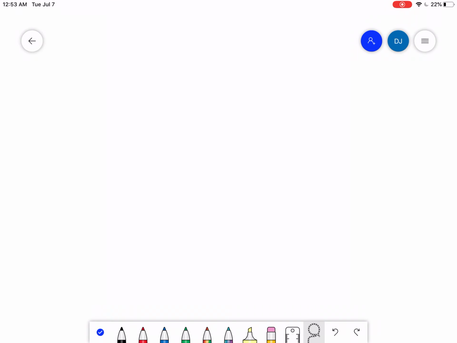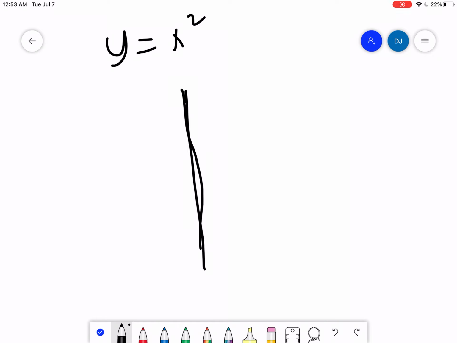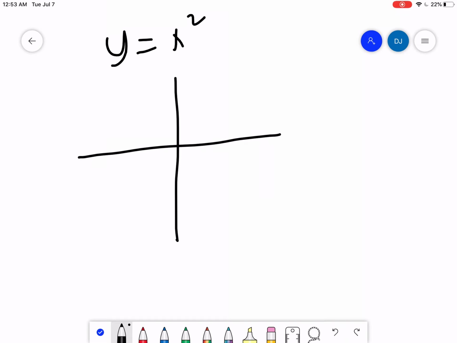So if that definition didn't make sense, let's say we had the equation y is equal to x squared, and we were to plot this on a Cartesian plane. So let's plot this. And given that this is an even function and it's a parent function, it's symmetric along the y-axis.